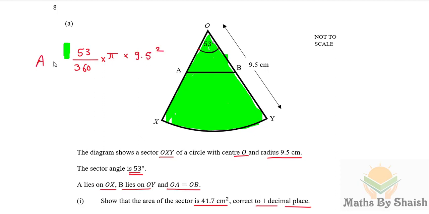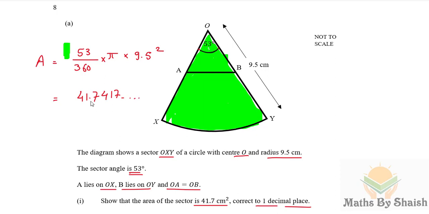So this total area of the sector, I'll write it as A, and it is going to be 53 over 360, and now we'll calculate directly from the calculator. 53 over 360 multiplied by pi into 9.5 square, and this value is 41.7417 and so on.